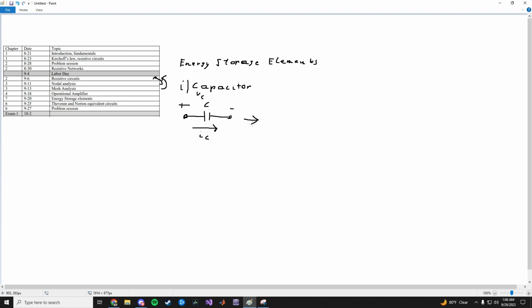So the equation that represents this two-terminal component, remember, for a resistor is V equals IR, which is Ohm's law. But for a capacitor, it's a little different. It's going to be the current to the capacitor is equal to C times the derivative of the voltage across it.